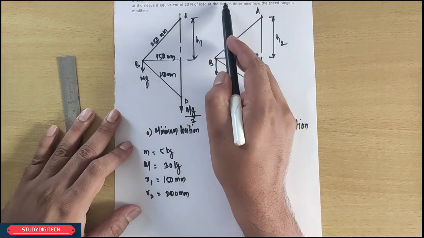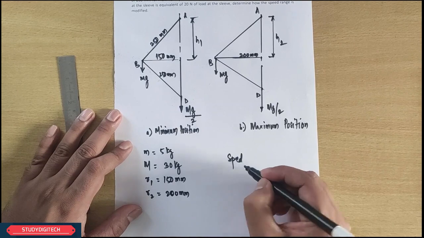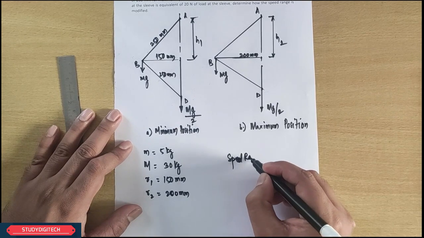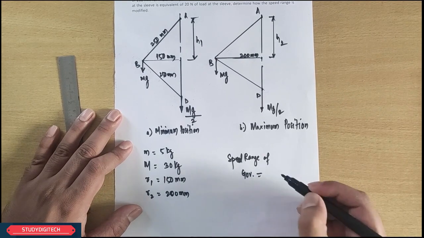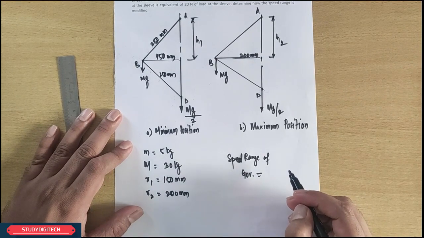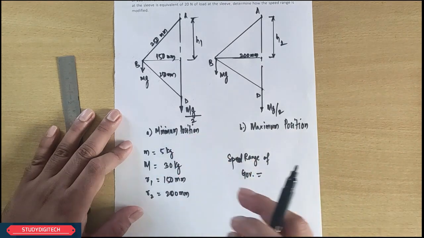So we have to determine speed range of the governor. Speed range of governor means it is the difference between the maximum and minimum speed of the governor occurring at maximum position and minimum position.